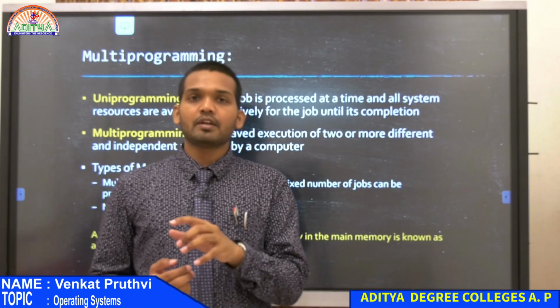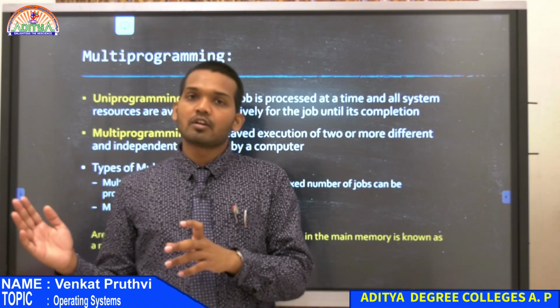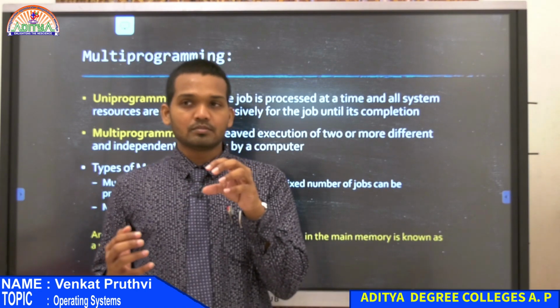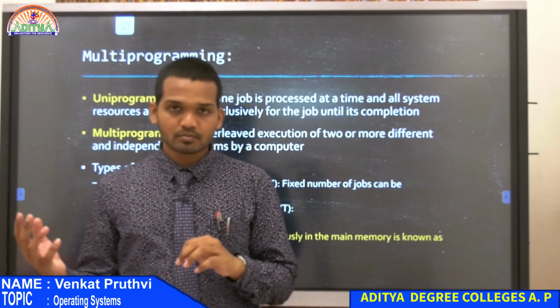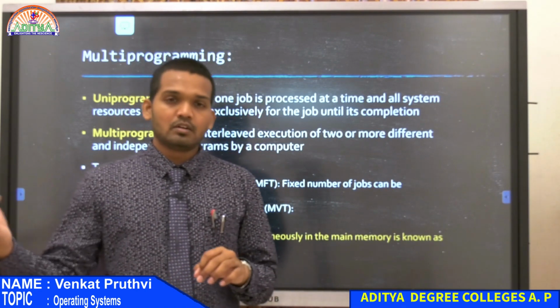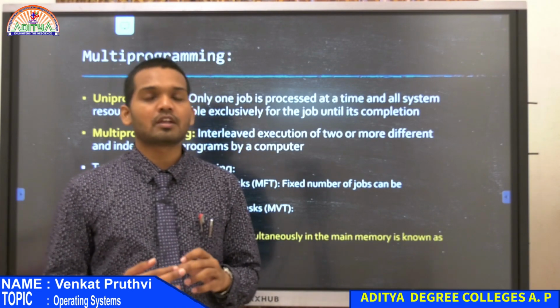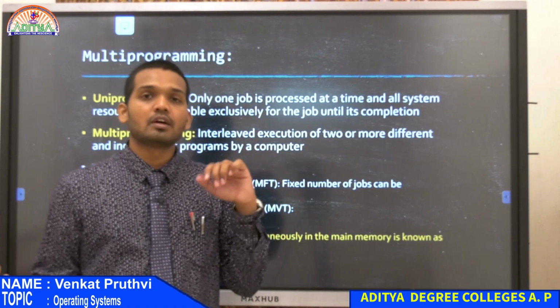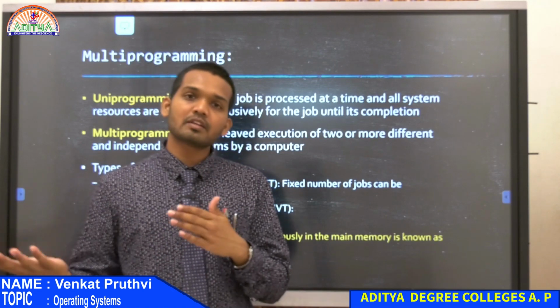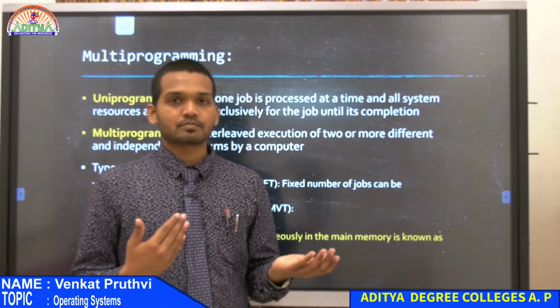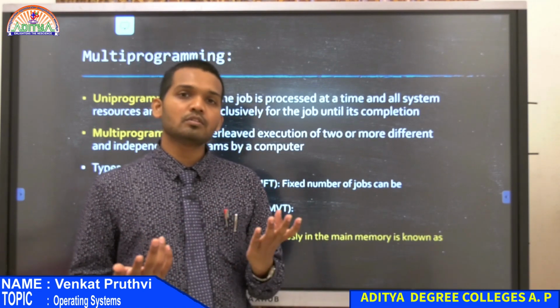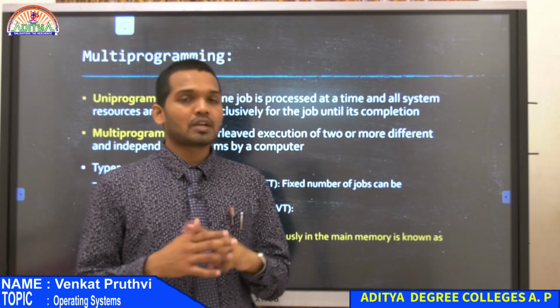Suppose at that point the printer is not turned on, or the process P1 is not able to access the printer. In such a case, until the printer is accessed by that CPU, it won't be able to complete the task. So this is one kind of example.